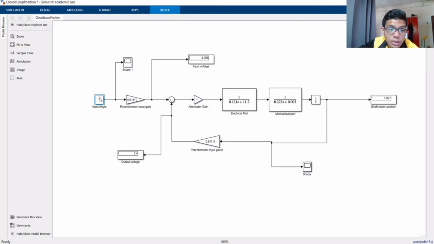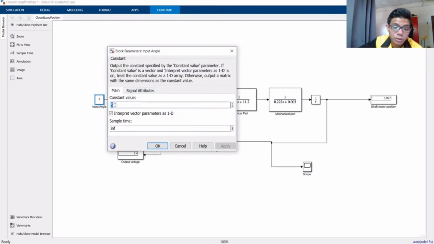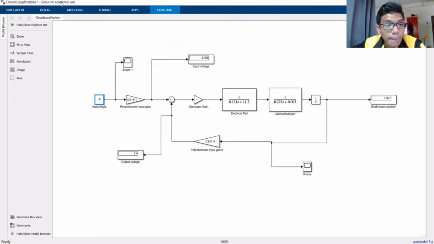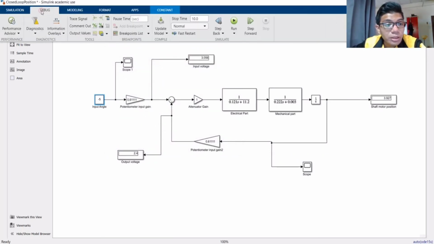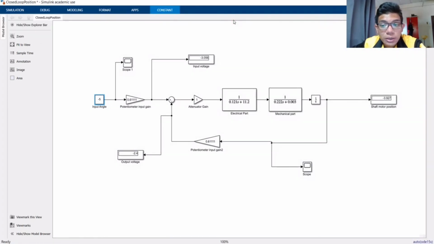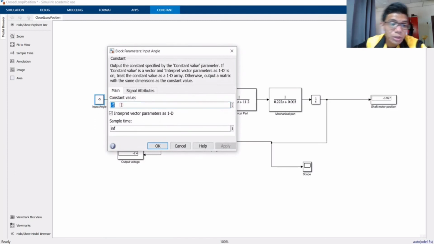Okay, if we change the angle to negative, which indicates that this is anti-clockwise, and then we run the simulation, we get the same value, except this time the input voltage has the negative sign and the shaft motor position has the negative sign.